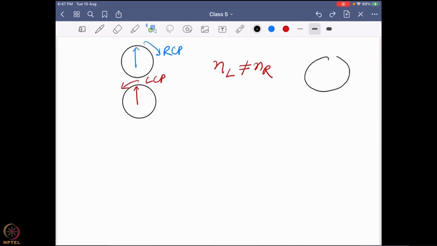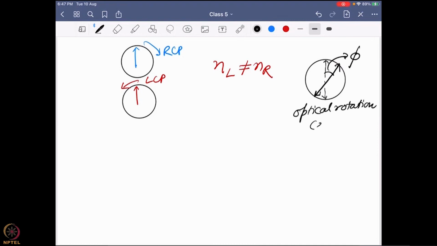It remains as a plane polarized light, but the original angle actually changes and you see an optical rotation. So over here, optical rotation is the effect, and the cause, as we said, is circular birefringence.